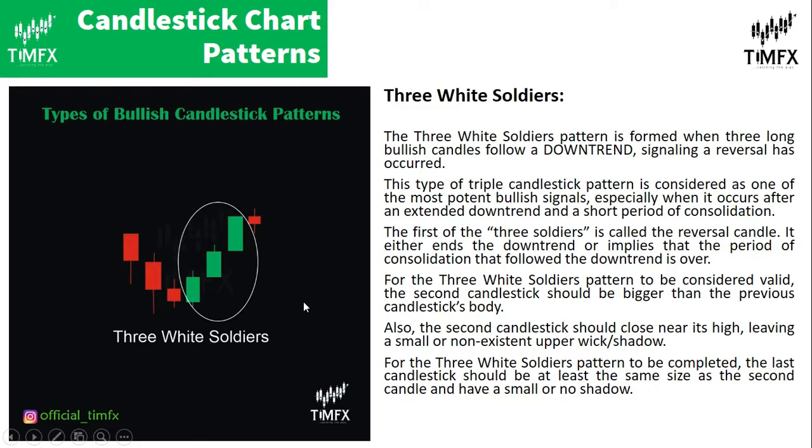Also, the second candlestick should close near its high, leaving a small or non-existent upper wick or shadow. For the three white soldiers pattern to be completed, the last candlestick should be at least the same size as the second candle and have a small or no shadow.